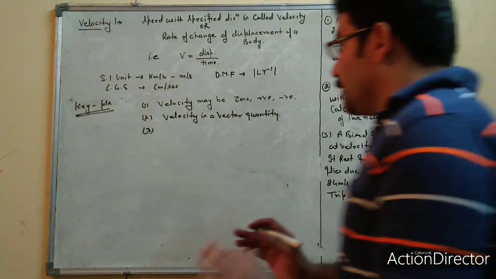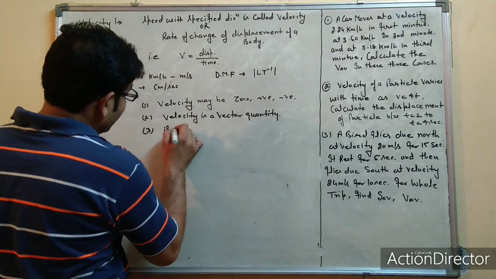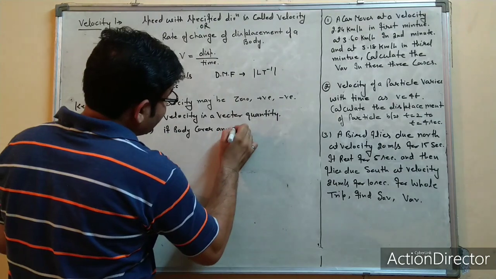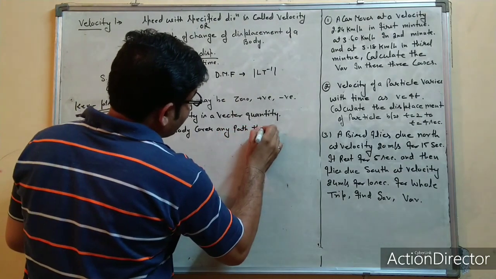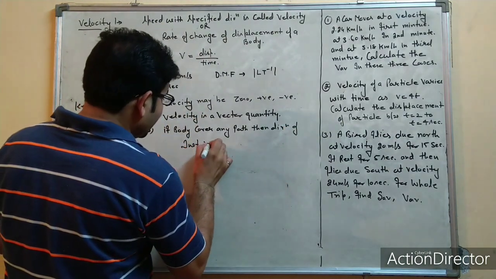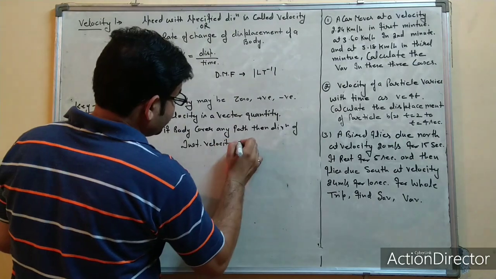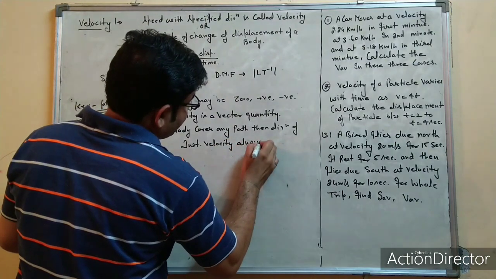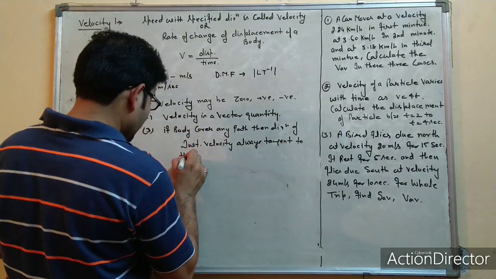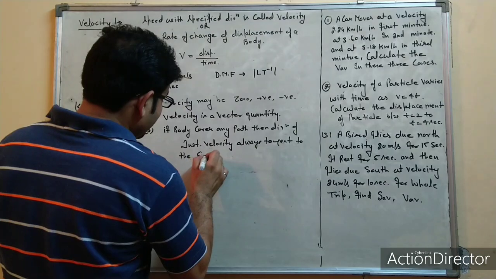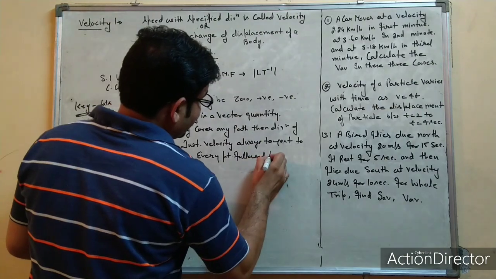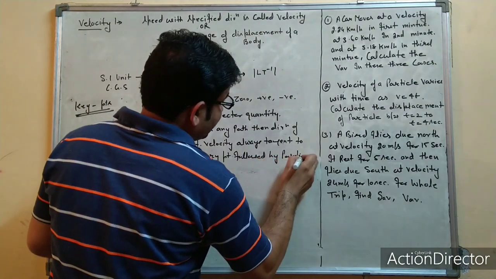Third, if a moving particle covers any path, then the direction of instantaneous velocity is always tangent to the path at every point followed by the particle.